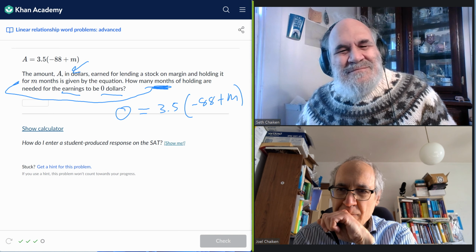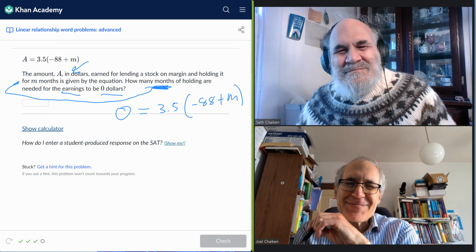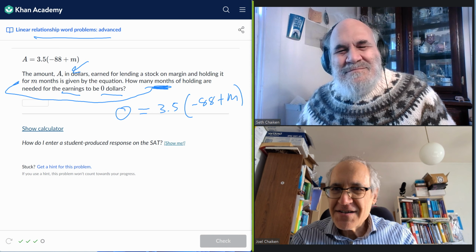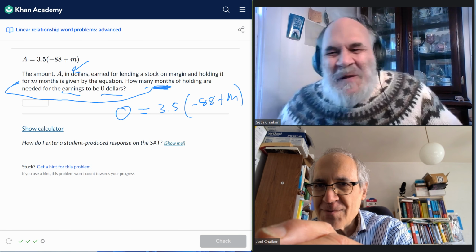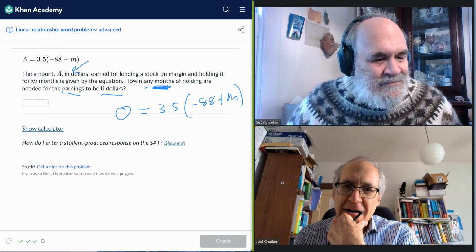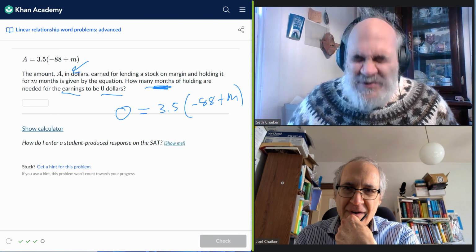So I would be suspicious of this problem if they called it an advanced linear equation word problem, because it's not that advanced. Someone would have to second guess themselves, saying, "Are we missing something?" But what would you say the lesson or the approach is?